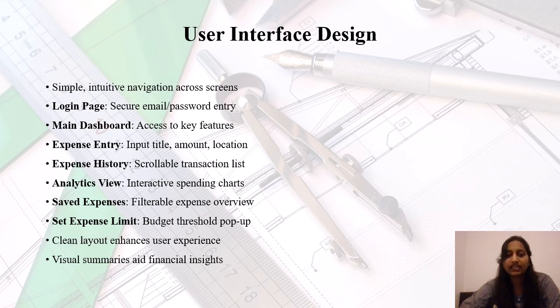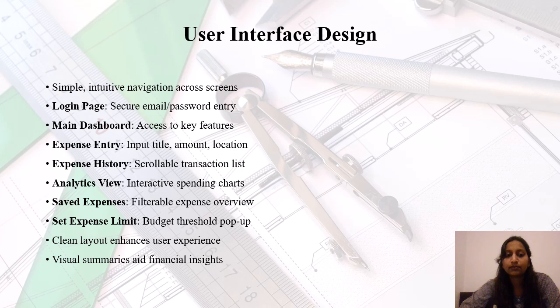The login page has secure access, while the main dashboard gives easy navigation to the essential features. On the expense entry screen, it is possible to enter details, amounts and location with strong validation.